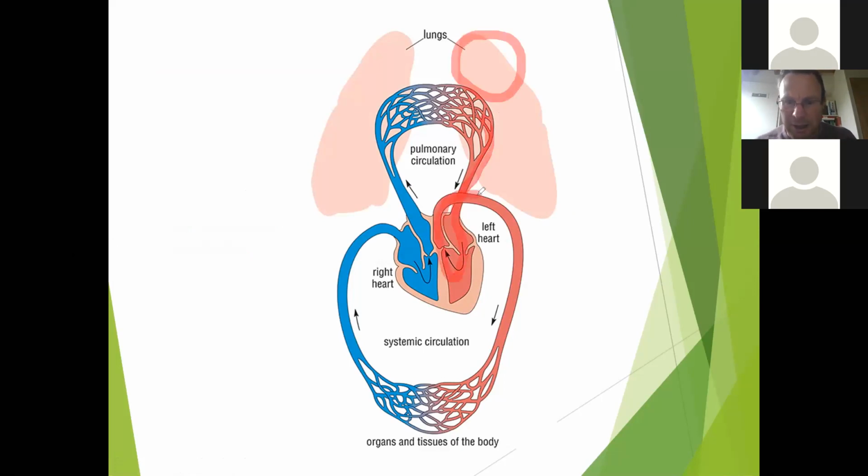Here, out the aorta, down the arteries, slows down as it reaches these thinner arterioles, across the capillary bed, up the vena cava, back to the right atrium, right ventricle, pulmonary artery, back to the lung. So a nice little circuit of circulation. You've got that lovely pulmonary circulation at the top, this systemic circulation at the bottom. So let me just clear that off.